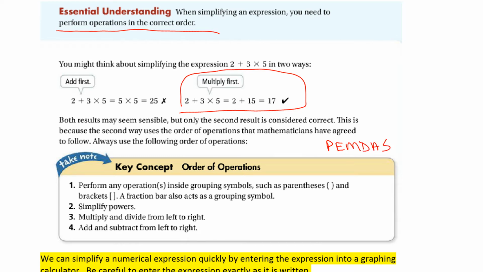PEMDAS is an acronym that helps us remember the order. The P stands for parentheses. Parentheses are what you simplify first. Second, the E stands for exponents.